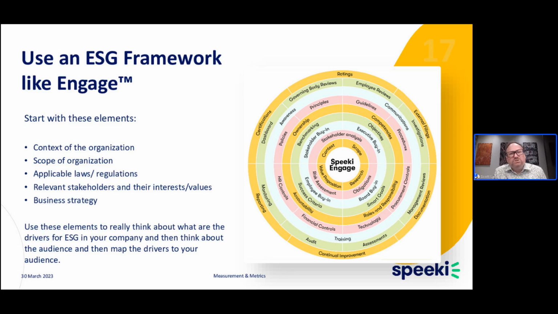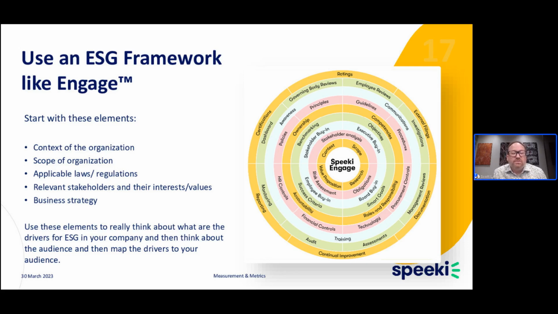And if you work on those 2 or 3 little circles at the center of the ESG framework, you'll find very quickly that it will help you identify what is important to your company, what is important to your stakeholders, what's important to your business, and it will help you start to then work out what are the key drivers that you've got to build in your ESG program, which will add value that your stakeholders want to know about.